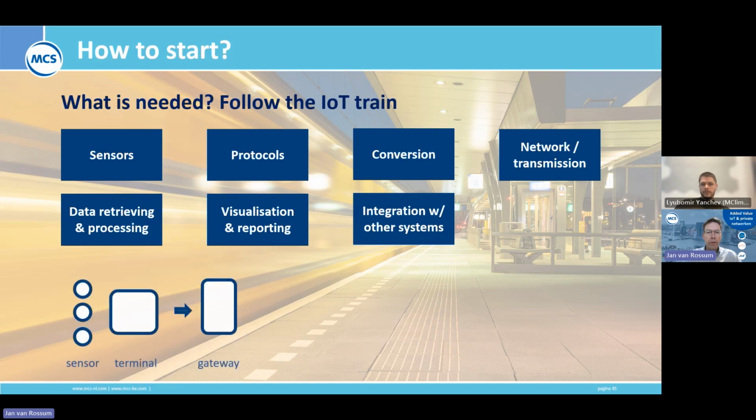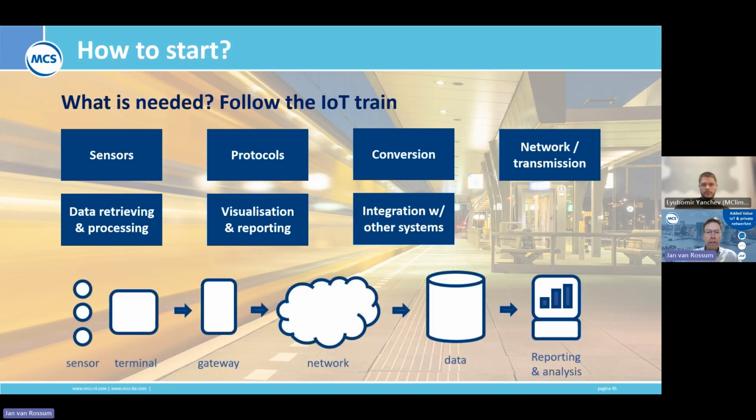And we'll just click through it, because the train is here at the bottom. So the IoT train goes from sensor to actually reporting and analysis. And in each step, you really have to define for yourself, what do I really need? So for example, sensors: if you look at this benchmark, there might already be energy meters in your buildings, but they are Modbus, for example.